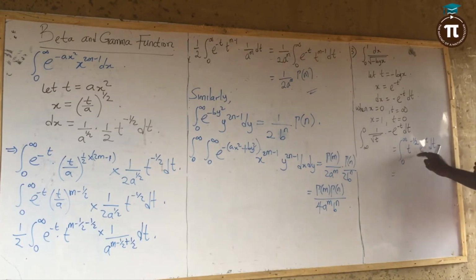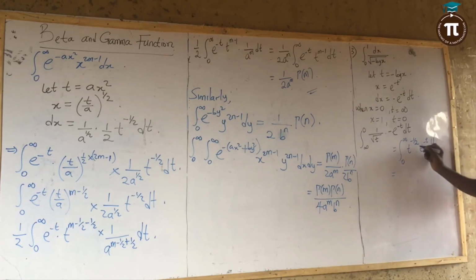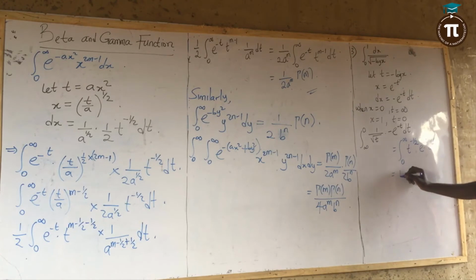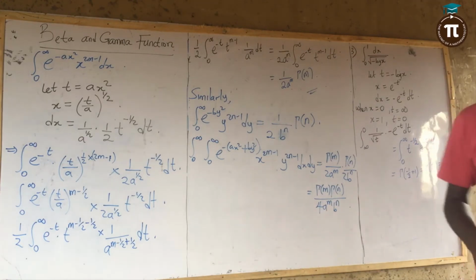So by gamma function, this is exactly gamma of minus 1 over 2 plus 1, which is gamma of 1 over 2. And the gamma of 1 over 2 is square root of pi. Root pi. That is the answer.